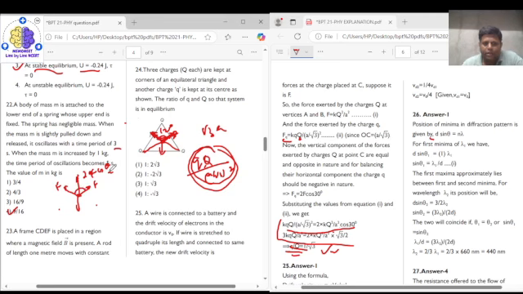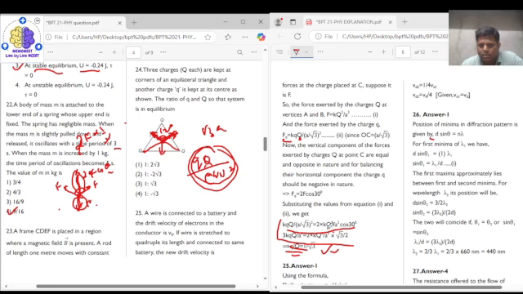So cos 120 by 2 is cos 60, and cos 60 is 1 by 2, so we get 2F into 1 by 2, so it becomes F. So this is equal to F and this is equal to F. This and this have different expressions, which is what we have equated here.